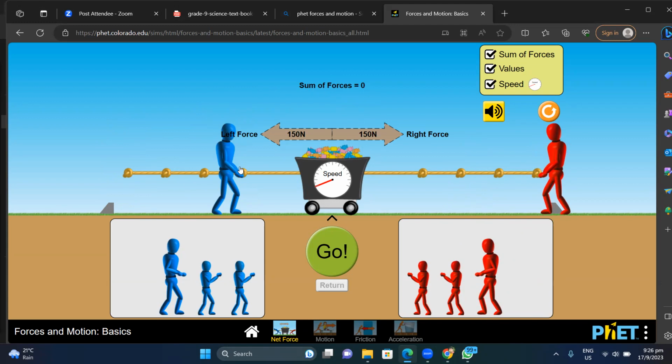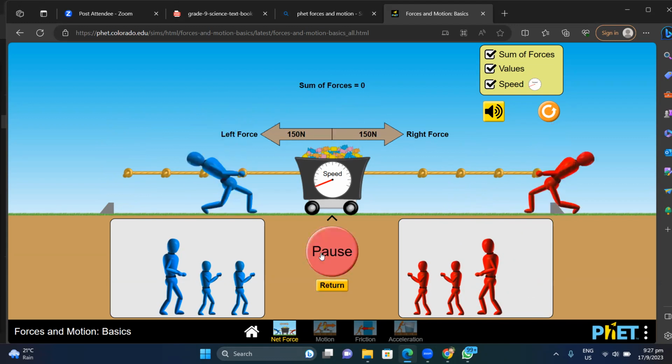Now you can see the left force and the right force, both are 150 newtons. Let's go, and you can see. So what has happened? Because the forces are same on both sides, it's not going to move.